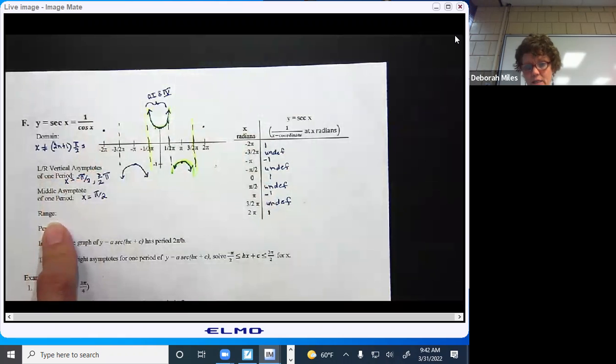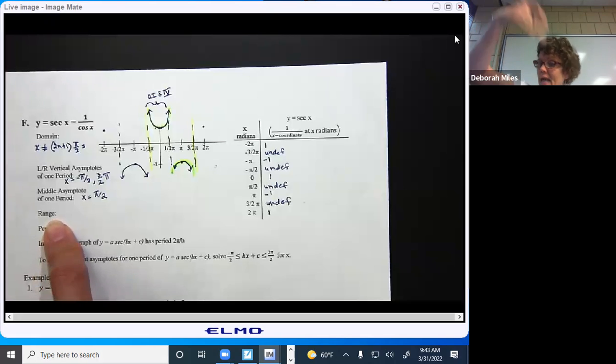What's the range of secant? Xavier, can you help me with that? Would it be -infinity to -1? Yep. And connected, and then 1 to infinity. Perfect.